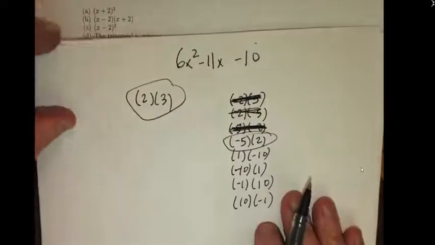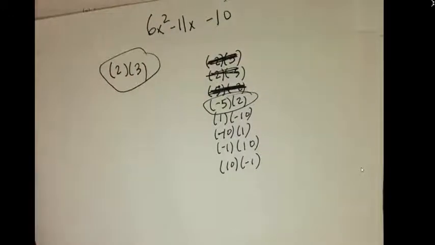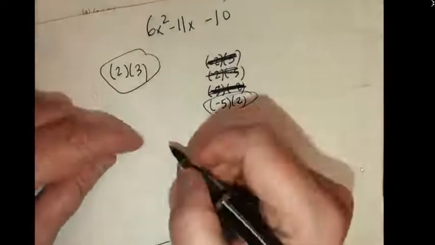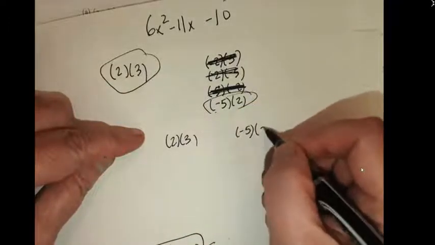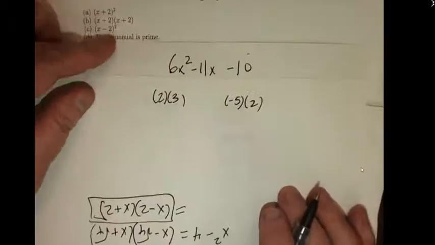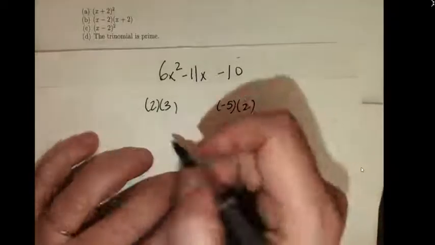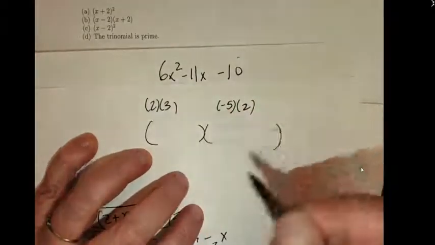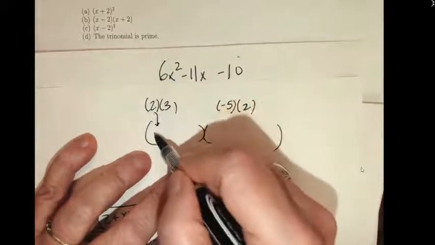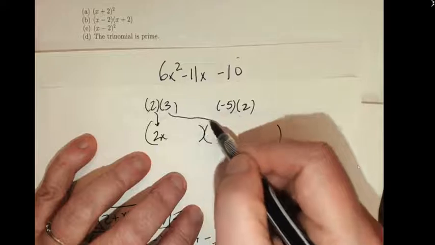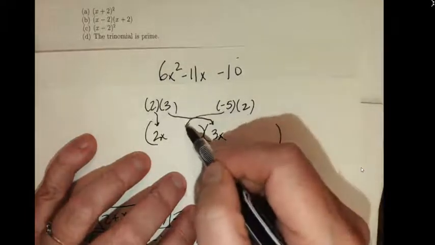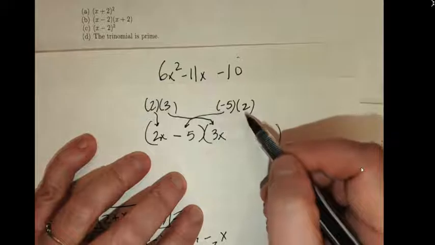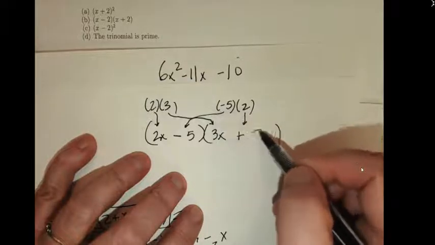So once you found the pairing that works, how do you do it? So the pairing that works is 2 and 3 and negative 5 and 2. Okay, so once you found the pairing that works, here's how it will be done. You'll have 2 times x here and 3 times x there, then minus 5 and plus 2.